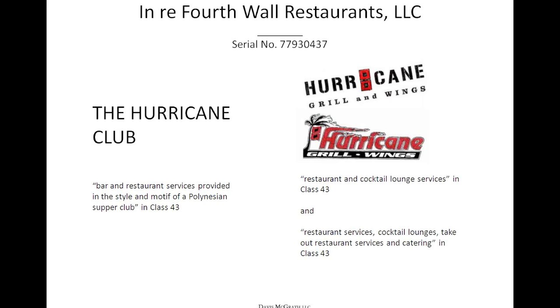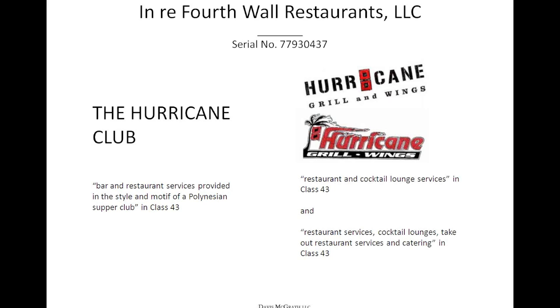Certainly the services were similar, with similar trade channels and potential customers. Looking at the marks themselves, the first factor here in the DuPont factors, the board found that the words on the marks on the right were more dominant than the designs. They tried to show that there was weakness of the word hurricane.